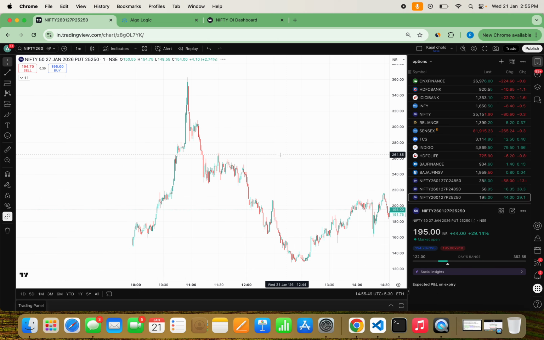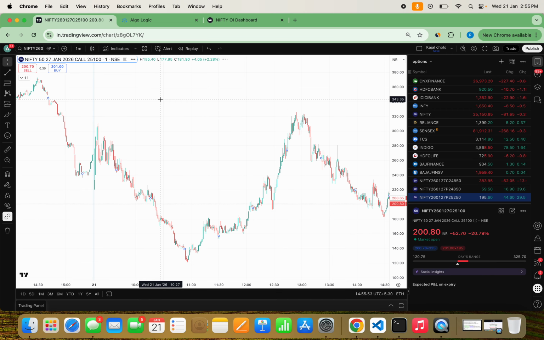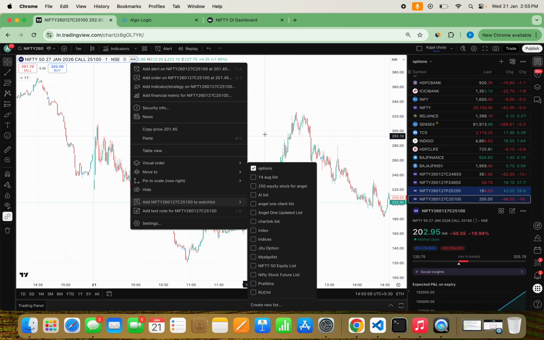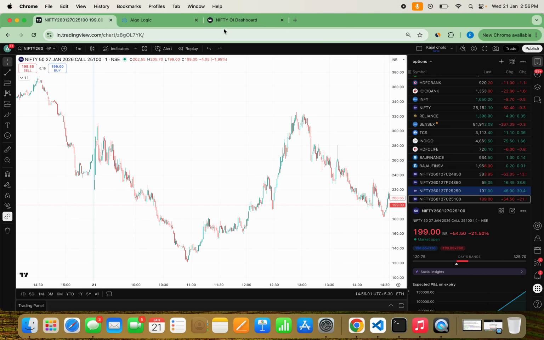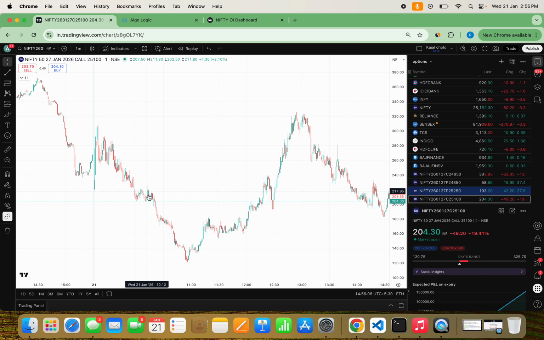Let me add this strike for your reference, and it is telling me 11:15. So it is falling, nobody knows where it will end, but approximately here at 11:15 the system is saying you should take the entry at the call option, which is clearly mentioned, 25,000. The price is 168.